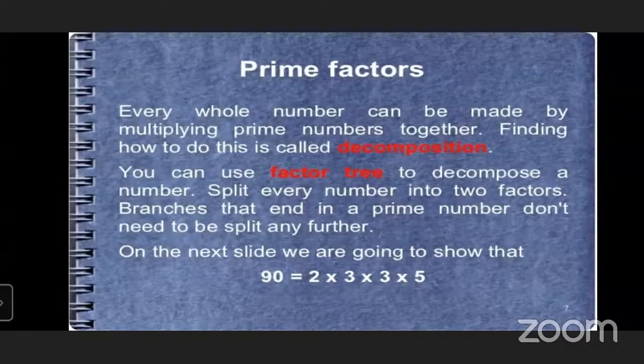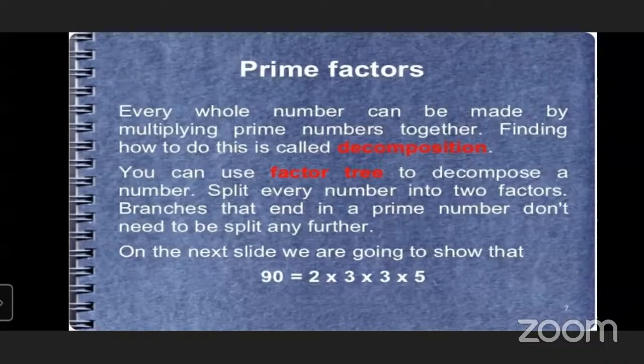Now, we have to take a number and split it. How to split? We have to make the different factors of it, and while making factors, if a prime number comes, we have to stop there. Now, let's see.